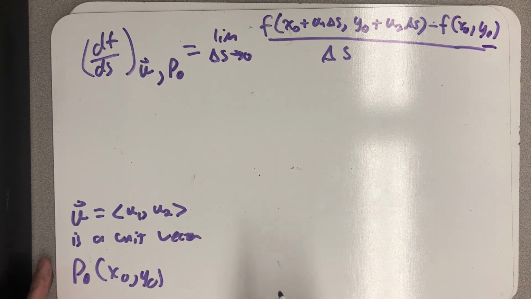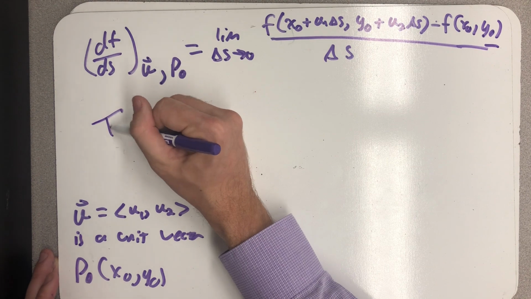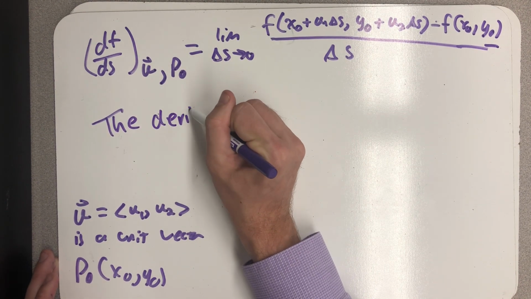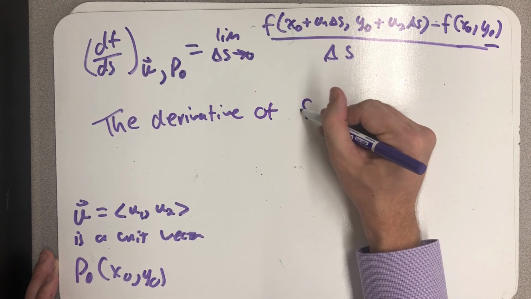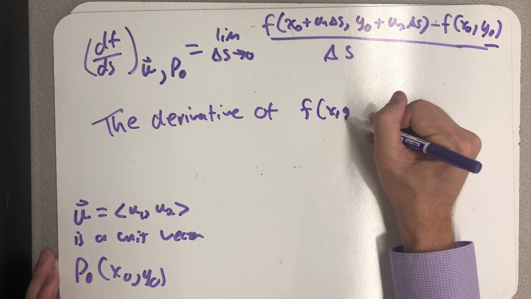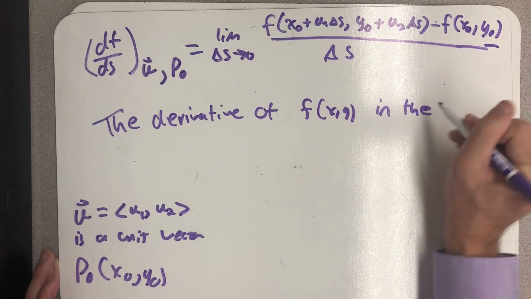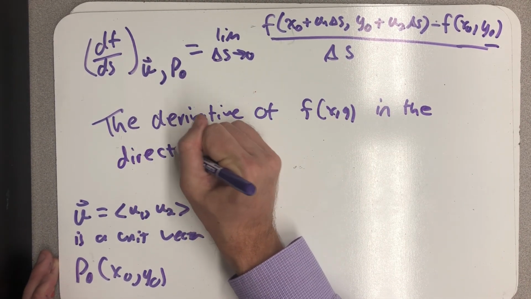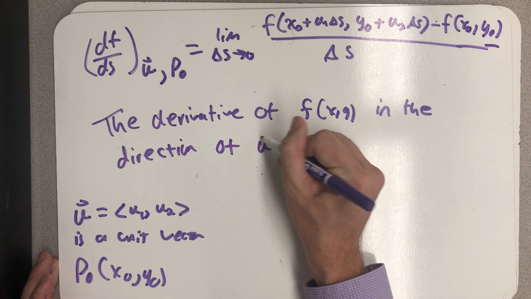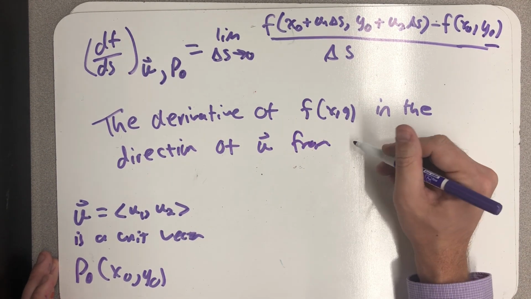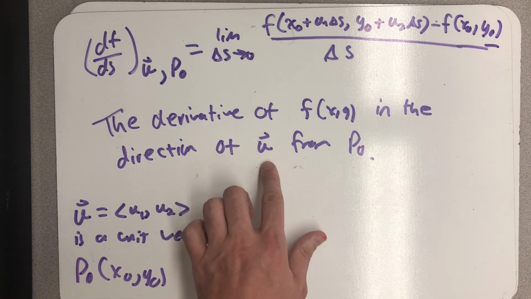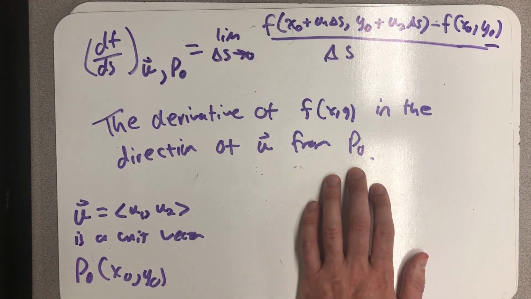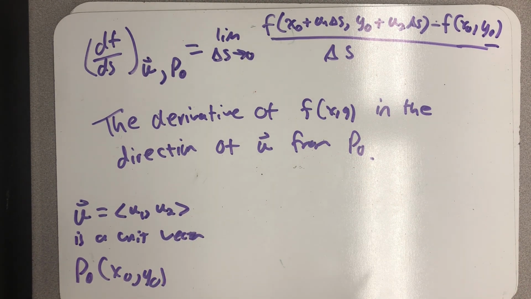And there's my definition of directional derivative. The derivative of f of x comma y in the direction of the unit vector u from the point p naught. That is my definition of directional derivative.